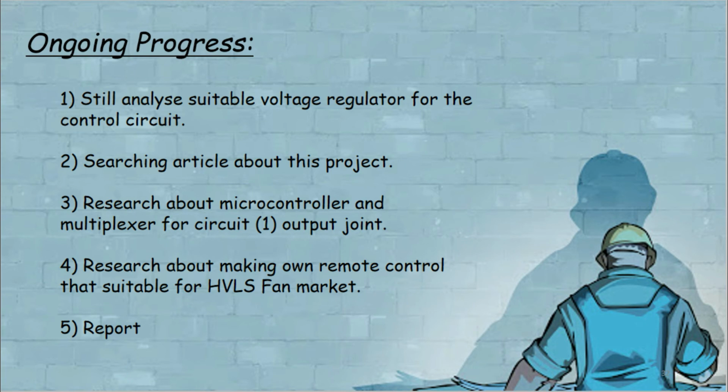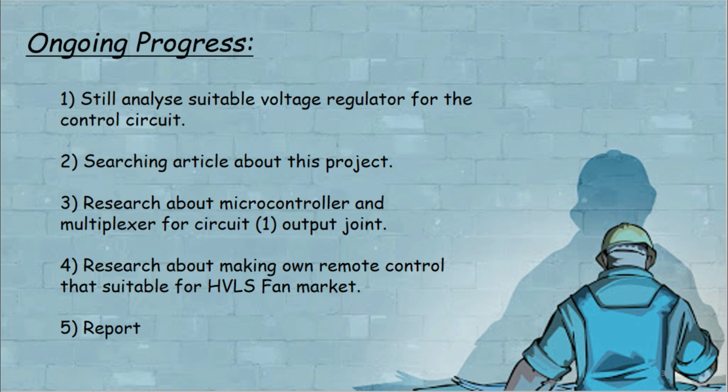Okay, now I will talk about the ongoing progress. So first, I am still analyzing a suitable voltage regulator for the control circuit. And number 2, searching for articles based on this project. And I also do some research about microcontroller and multiplexer for circuit 1 that I explained before.